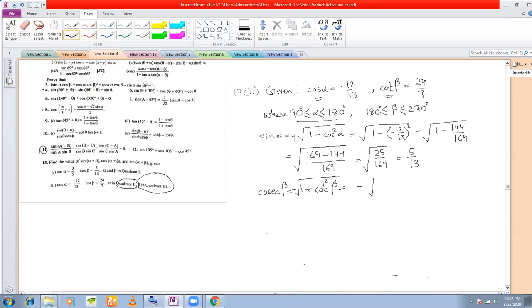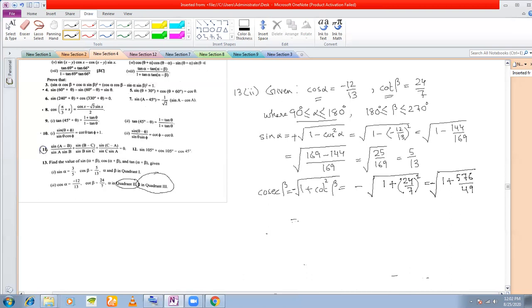So this should be minus root 1 plus 24 by 7 square. And 24 square is how much? 576, divided by 49.